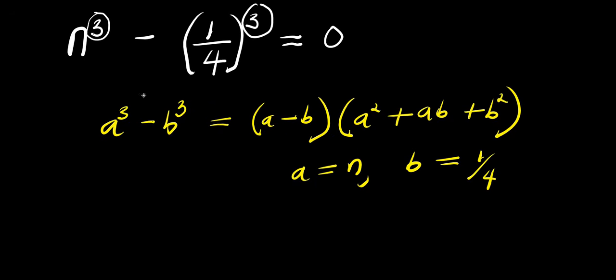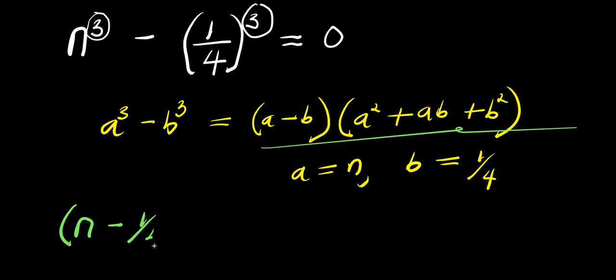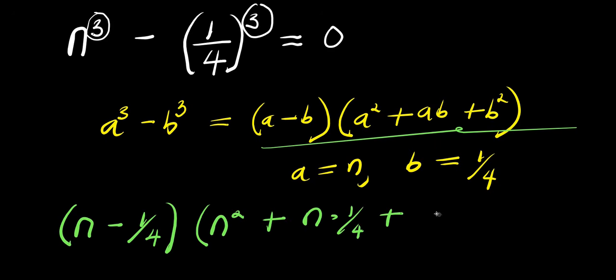So let's apply this. We are going to have n minus 1 over 4 times n power 2 plus n times 1 over 4 plus 1 over 4 to the power of 2. This equals 0.